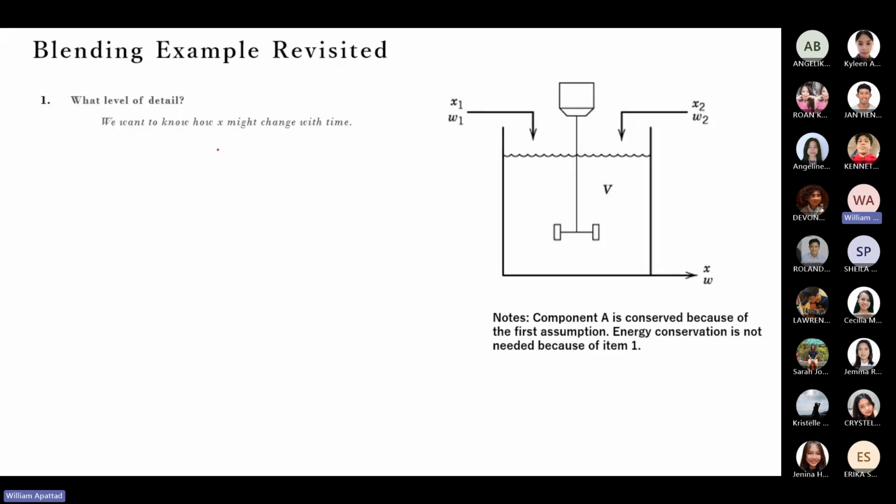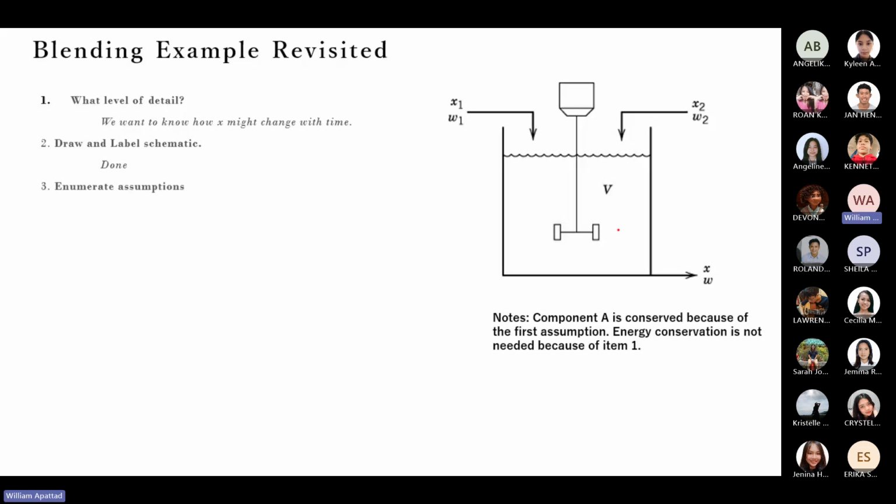So, control objective is we want to know the value of X with a change in time. So, kung nagbabago every second ba, every minute, ang value ng X natin. Okay? Next step is draw and label schematic, which is already done for us.